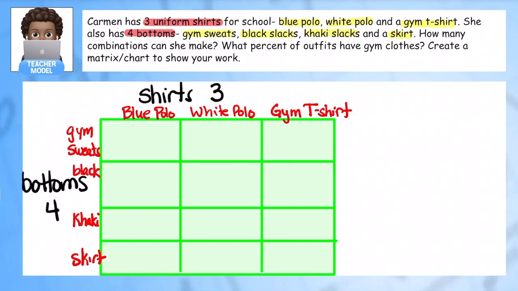So in the first box, we have the blue polo and we have the gym sweats. I'll keep going down the line. Blue polo or the black slacks. And you can see how this can take a lot of time.